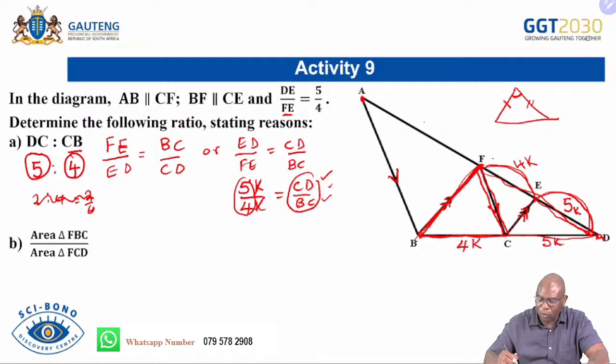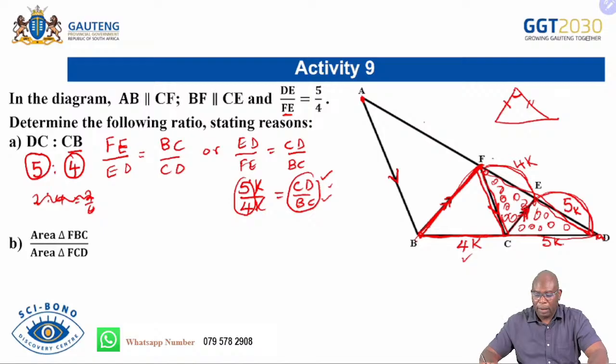Now, I've got only one side in this triangle, which is 4K, that I know. Again, I've got triangle FCD. So I'm just going to quickly shape this triangle FCD.